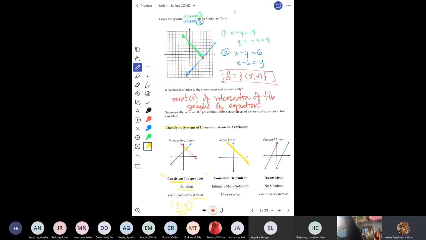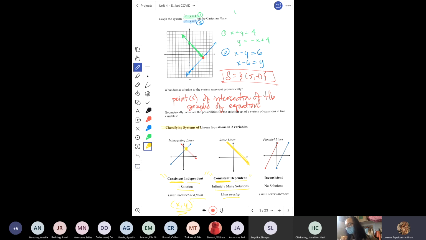So what points do they share? All of the points. So if the lines overlap, if they're the same line, we have infinitely many solutions, and we would classify this as, again, consistent because a solution exists, but dependent. They're the same line.